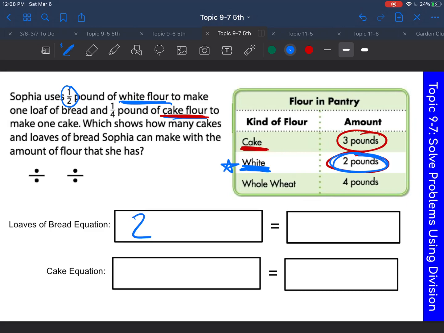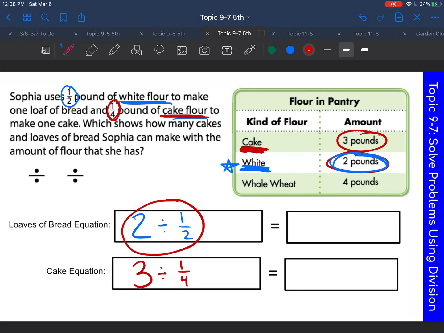So it would be 2 pounds. That's what we're starting with. And we're seeing how many half pounds we can get out of that. Okay. And for the cake, what are we starting with? Well, we have 3 pounds for the cake. And we're trying to figure out how many 1/4 pound cakes we can get out of it. So solve these two.